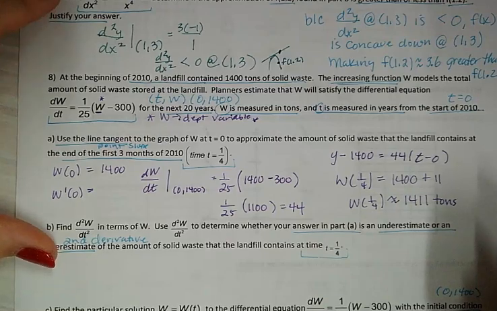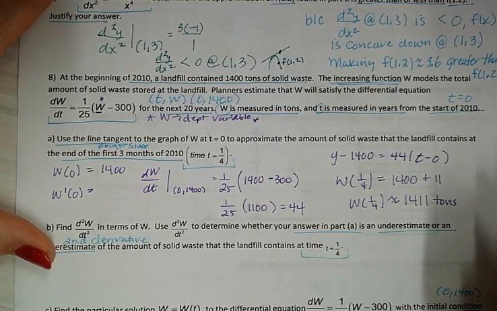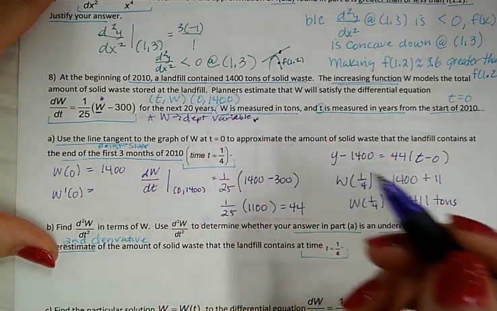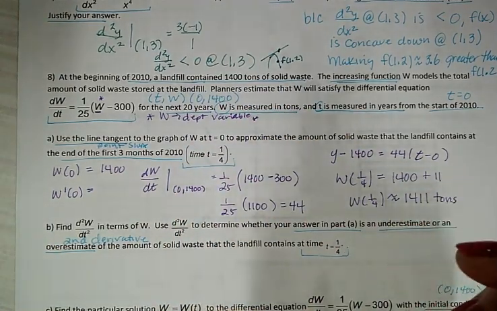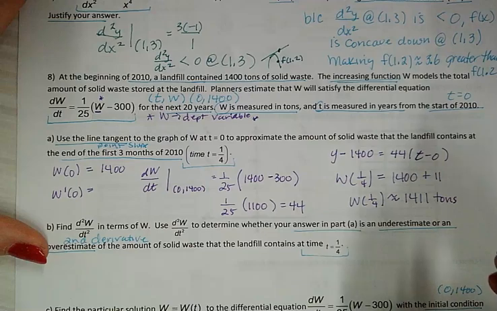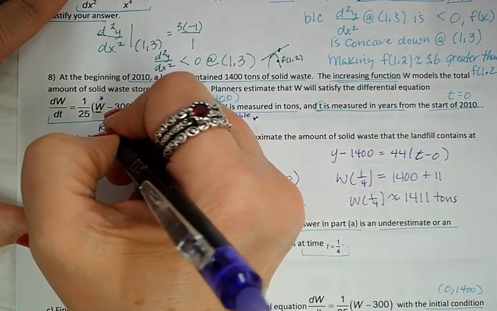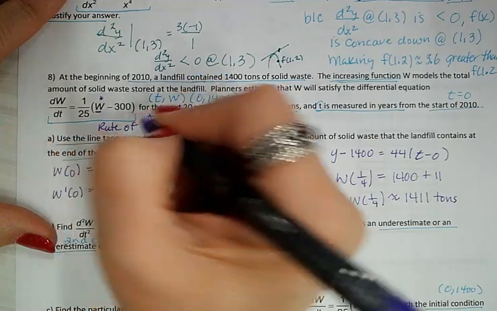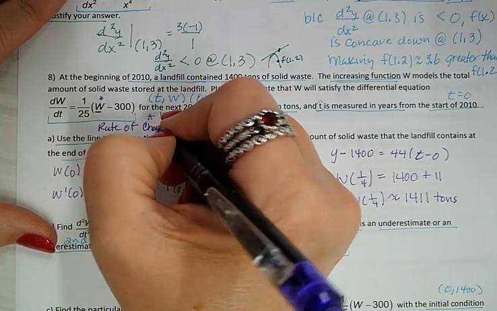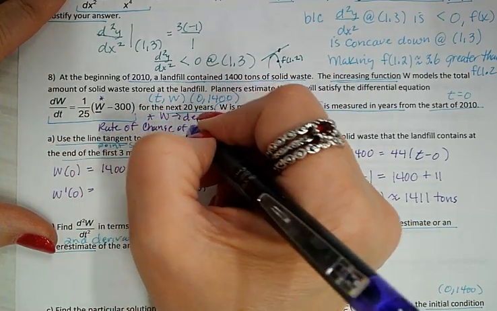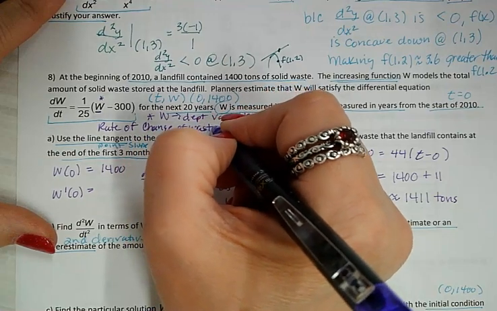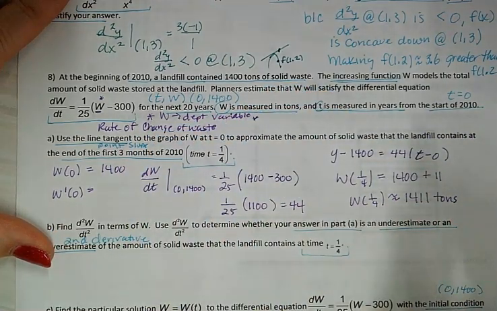So what does that mean? Let's go back up and talk about right up here at the beginning. Your units is tons per year. So if we're looking at this right here, then this is the rate of change of waste, and the units is in tons per year.